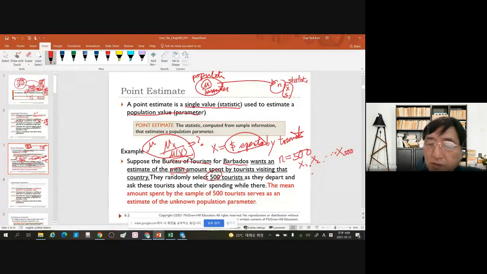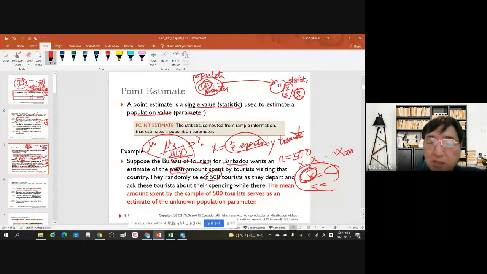Then they calculate x bar, the mean amount spent, and the sample standard deviation. Using x bar, a sample statistic, we will try to estimate mu. The point estimate means I will use this number directly.